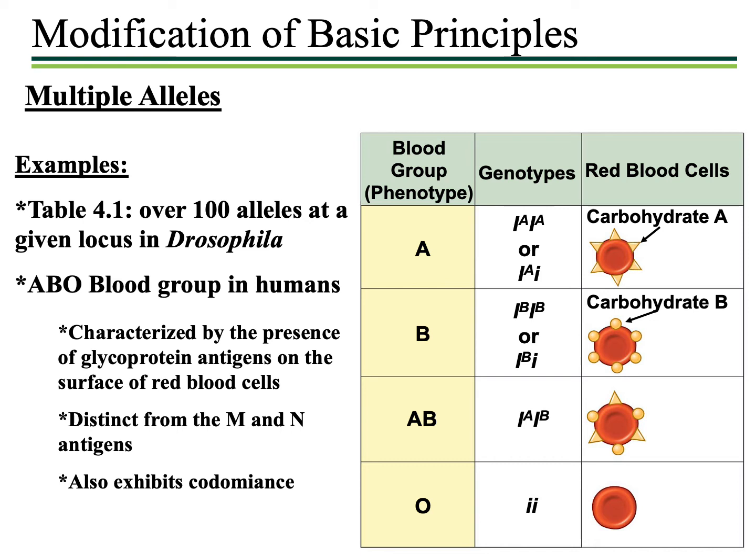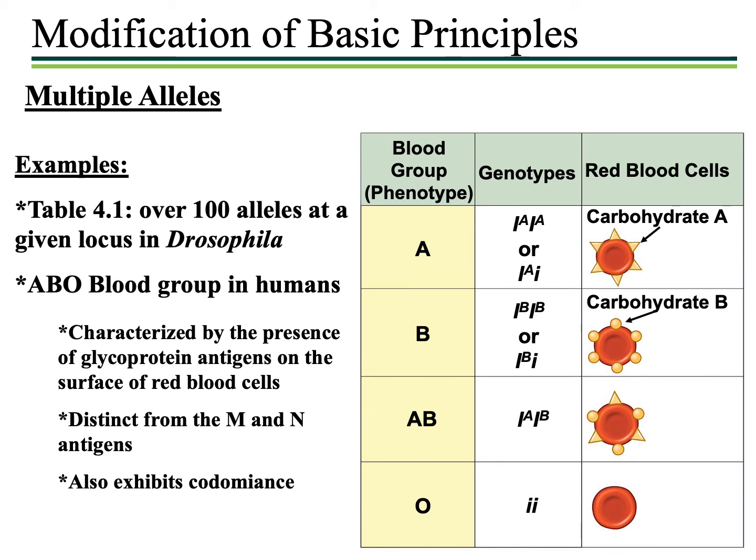This is distinct from the M and N blood group we just talked about. If you know your blood type, this is where it comes from, this particular glycoprotein. It is interesting in that there are 3 alleles: the A allele, the B allele, and something known as the O allele.